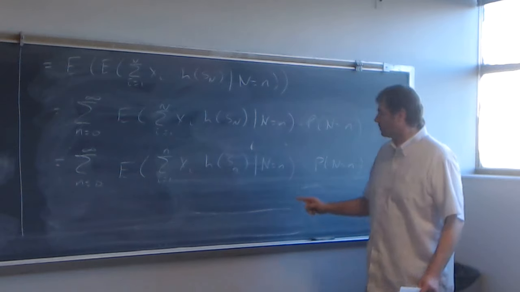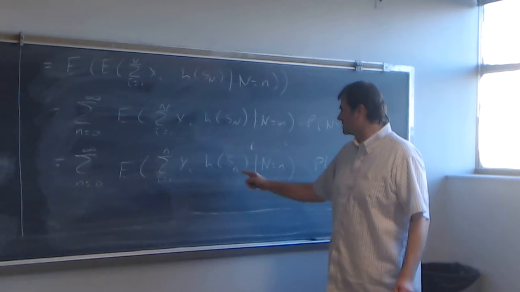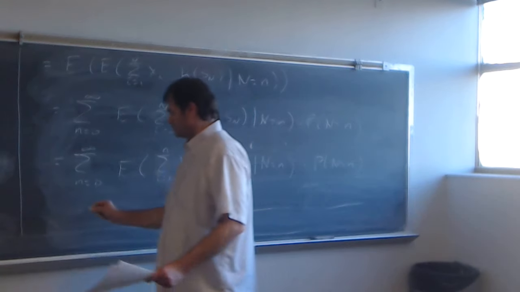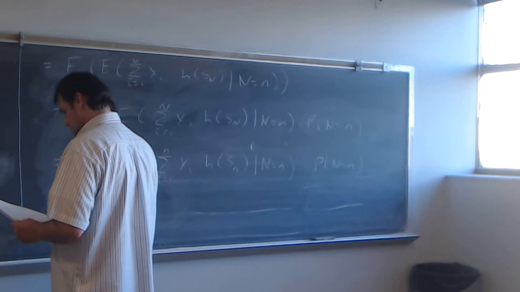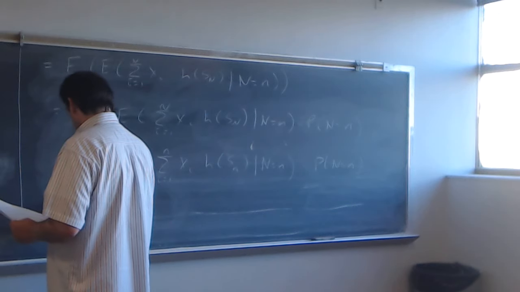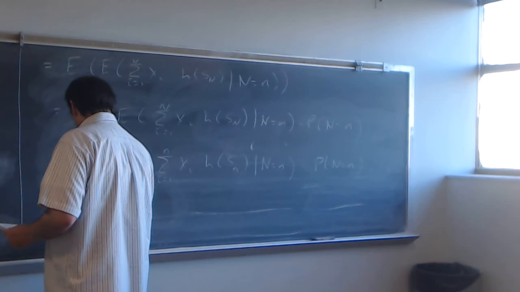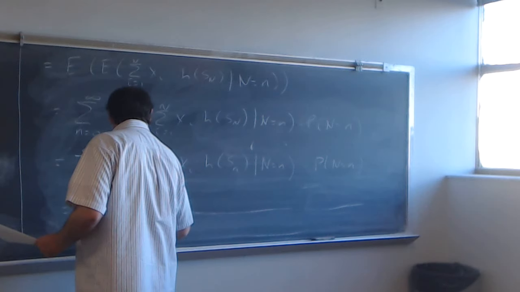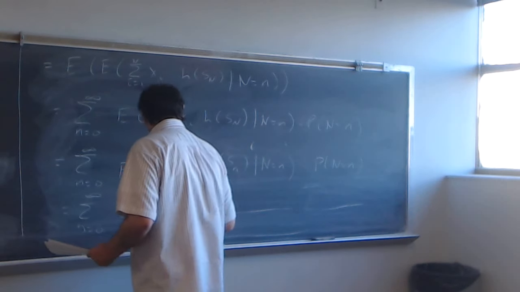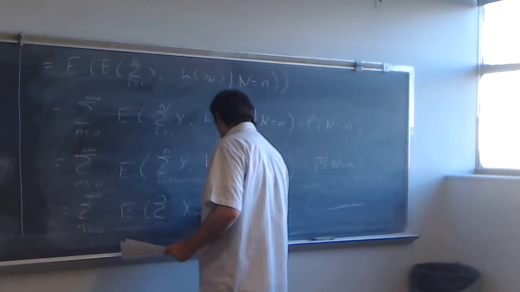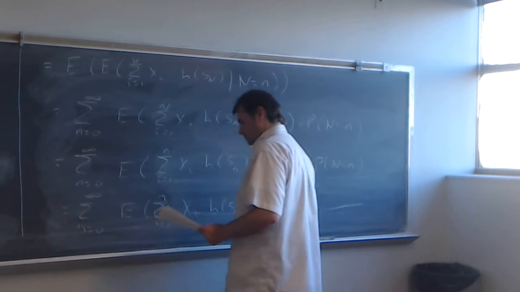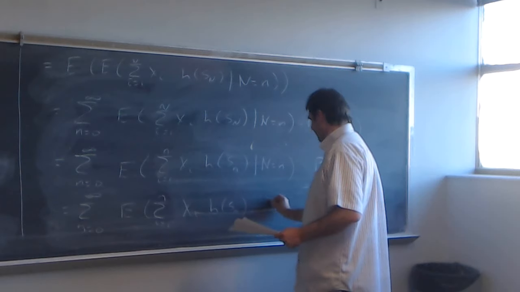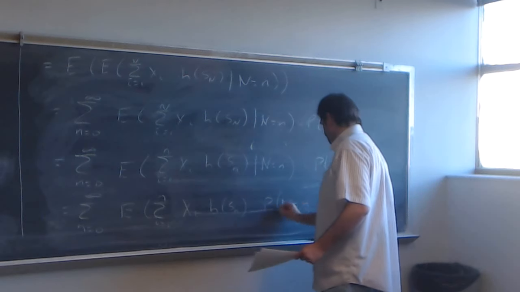And now, what we know is that N is independent of the X sub i's. So this is equal to the sum, as n runs from 0 to infinity, of the expected value of the sum, as i runs from 1 to n, of X sub i, h of S sub n, and that's it, times the probability that N is equal to n.